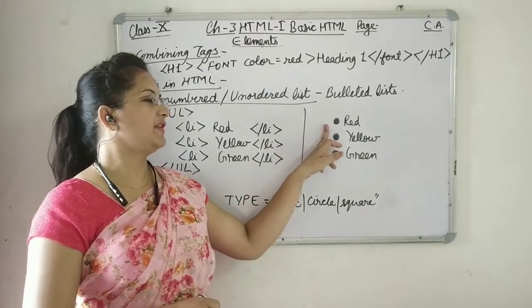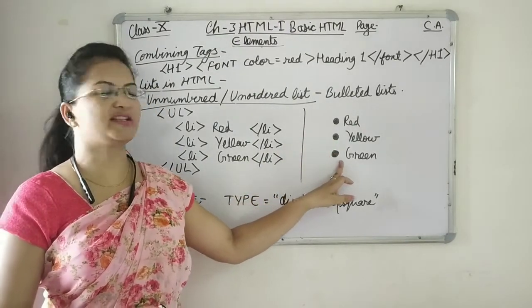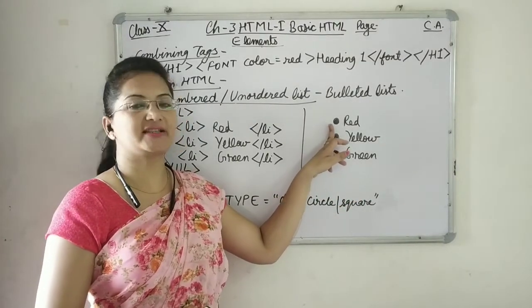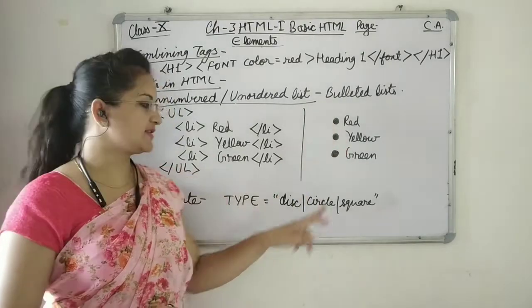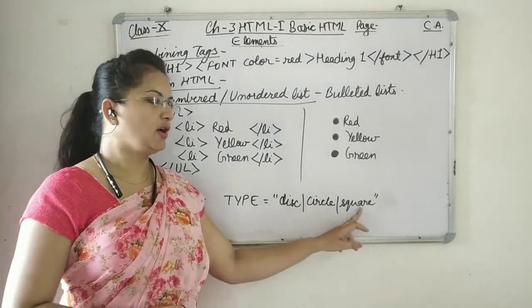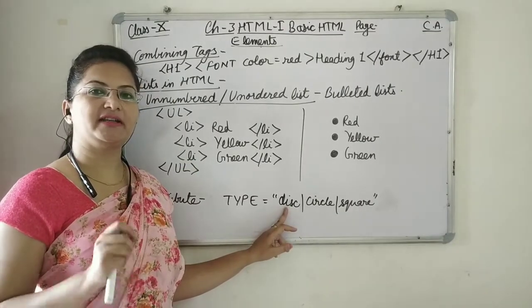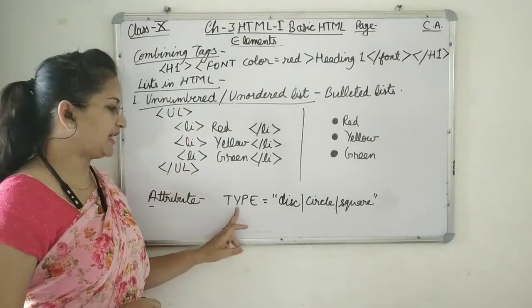So if we are writing the UL tag, then the list items will have bullets in front of them. These bullets are known as disc. If we don't want disc, we have two more options: we can use circle or square. If we want disc, then we can write disc with the type attribute.